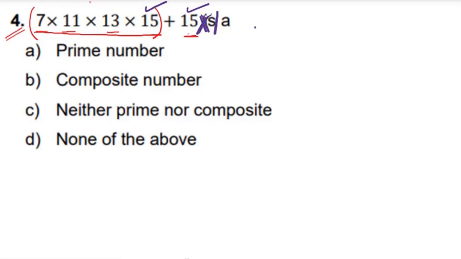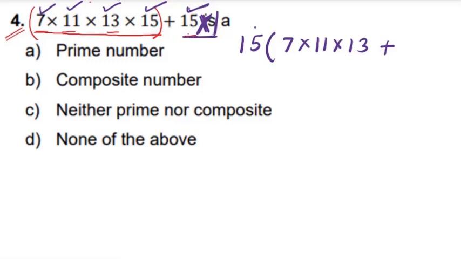If we take 15 common, we are left with 7 times 11 times 13, plus, from the second term, since we have taken out 15, 1 is left.